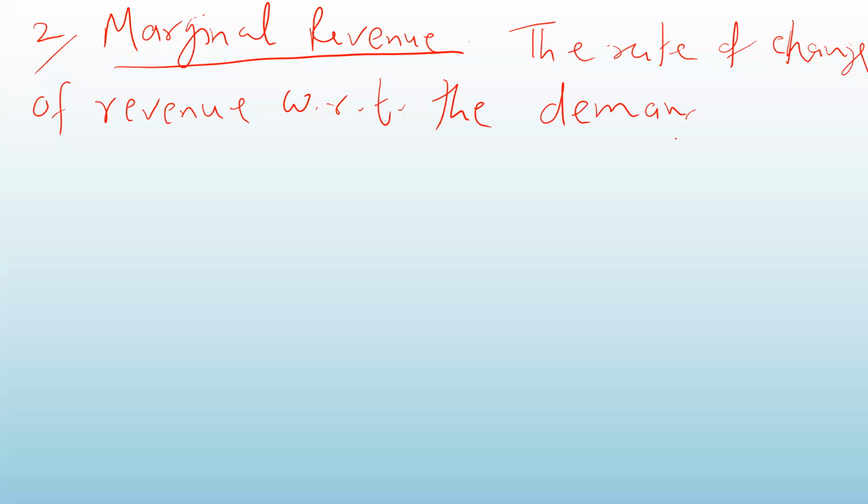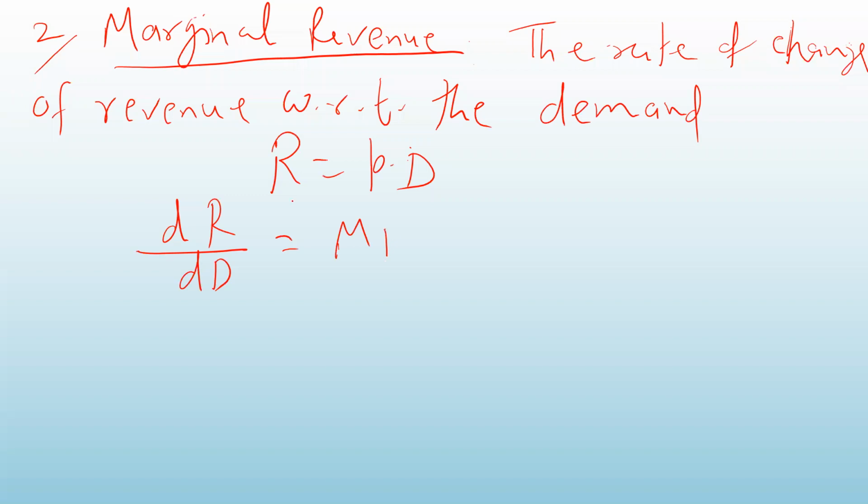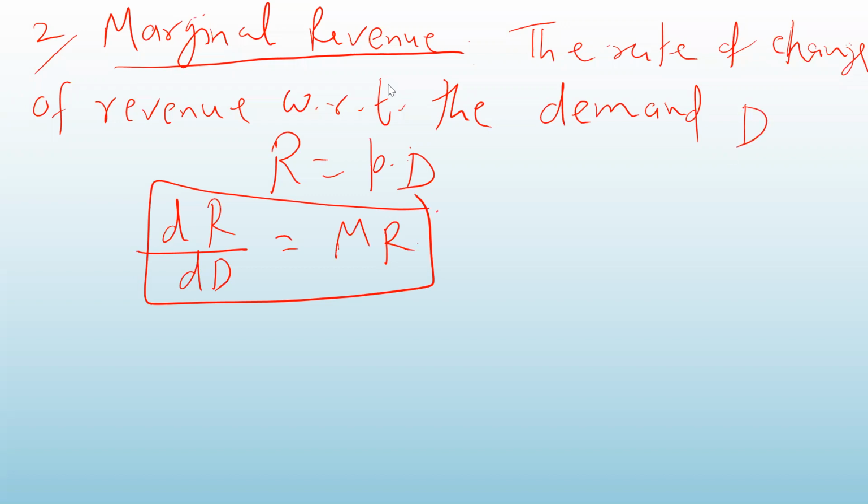As you know, revenue R is P into D. So if you are given the revenue, take its derivative with respect to D. That will be the marginal revenue, which is given by dR by dD. In the last lecture, we solved some problems in which we calculated the marginal revenue at some point when the demand is given.